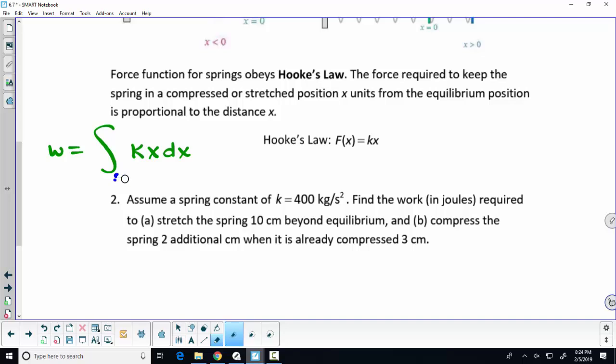So this is our stretch compression length here. So that's where those go.